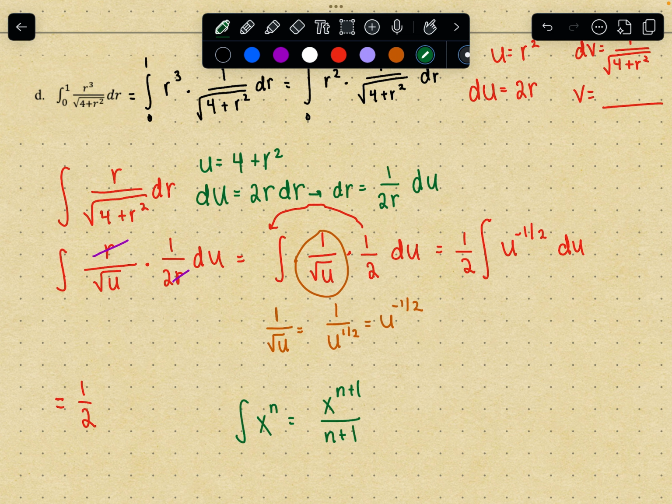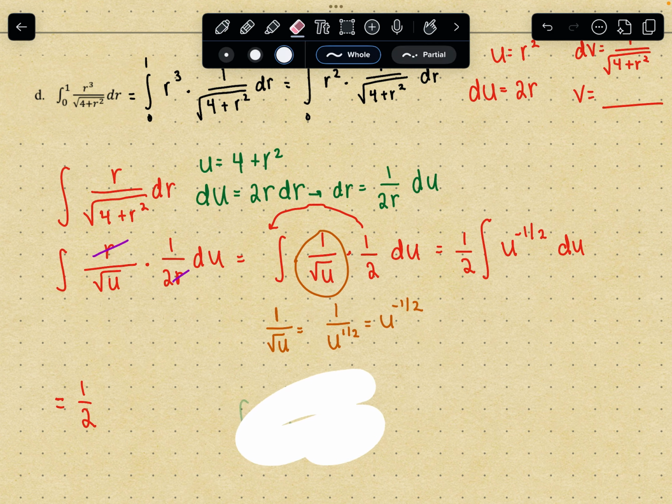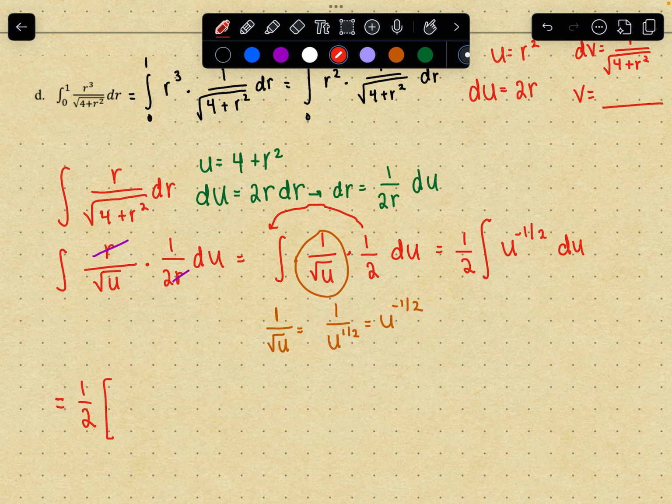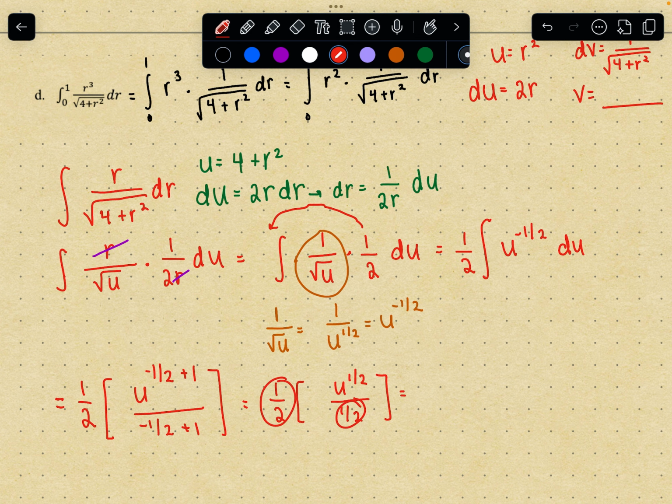Okay, so I increase my exponent by 1. I divide by that new exponent. Okay, which is just this. Okay, 1/2, 1/2 cancels.